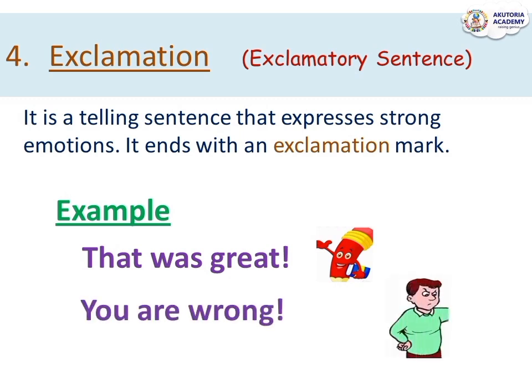You are wrong! This is an exclamatory sentence. From this sentence, you can tell that the person talking is sad. So an exclamatory sentence tells you something, but with strong emotions, with strong feelings. And we usually end it with an exclamation mark.